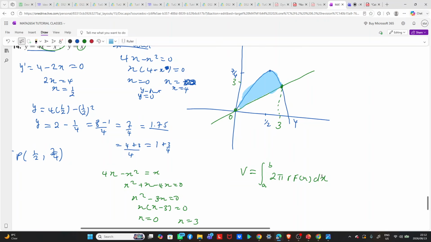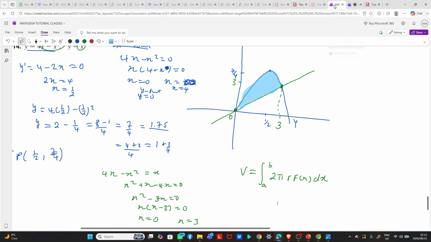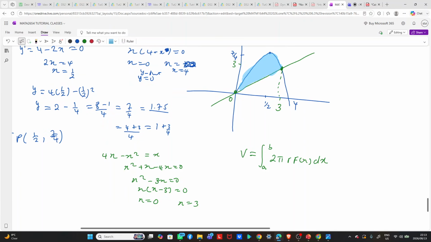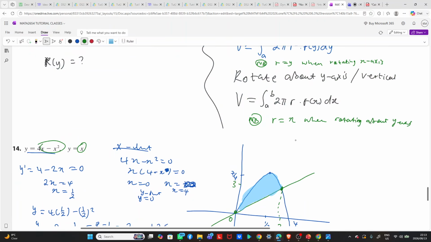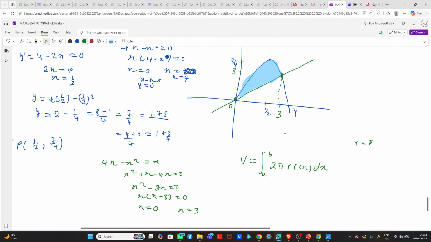Yes, so this is what was going on. We're going to find our volume using this formula. Can you guys see the screen now? Okay, so what is going to be our r? Since we are rotating about the y-axis, what did I say? r is x when rotating about the y-axis. So this is going to be x. And what is our f of x?